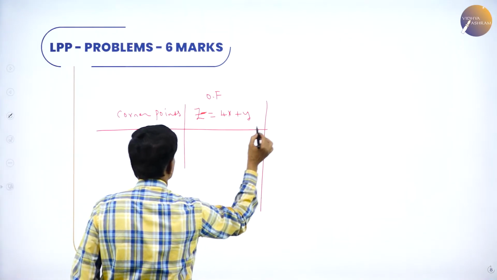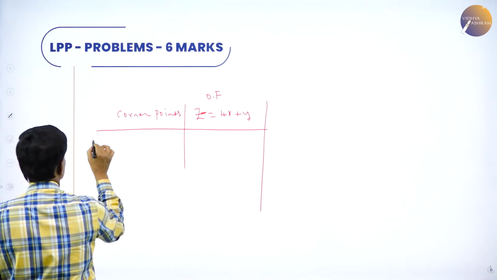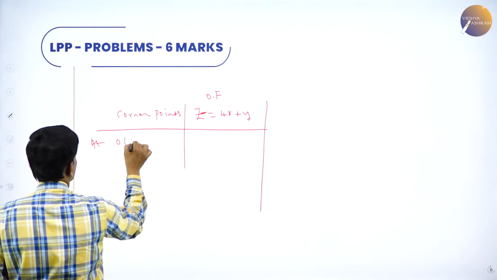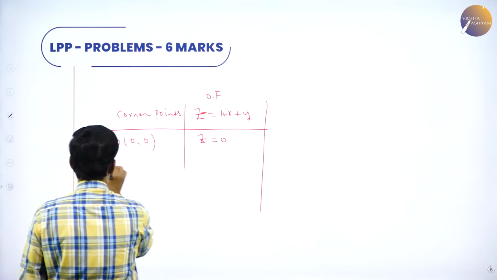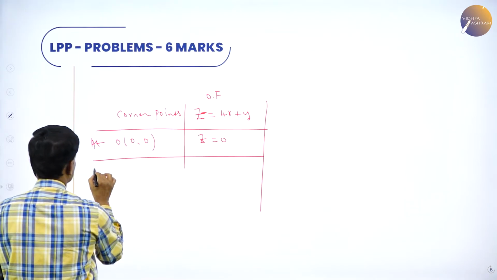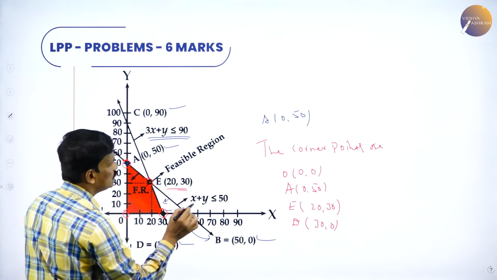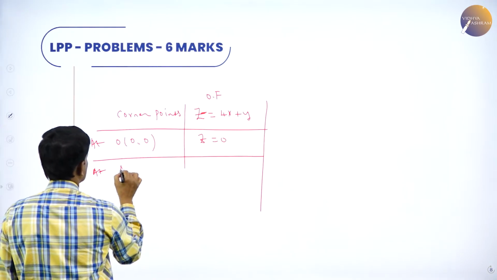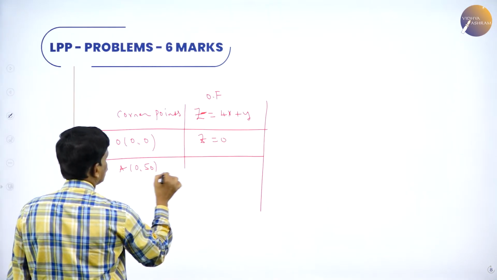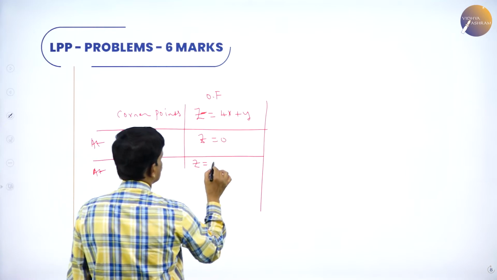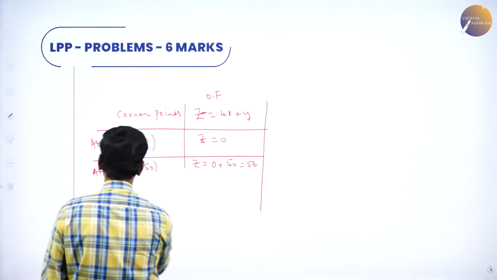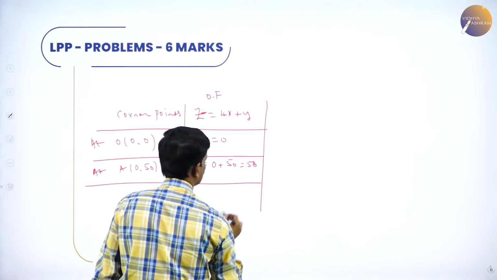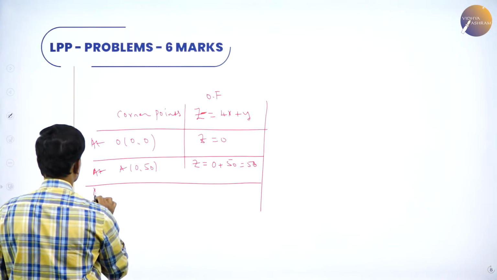At O, 0 comma 0, Z is equal to 0. Next at A, 0 comma 50, Z is equal to 0 plus 50, which is equal to 50.